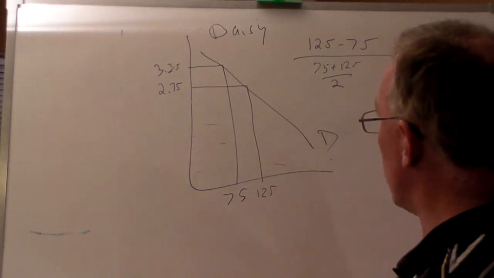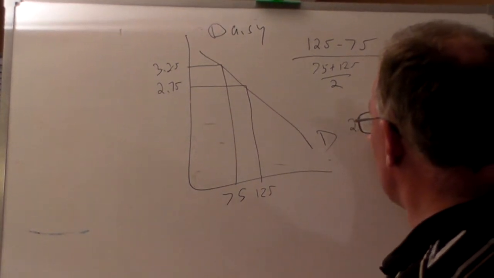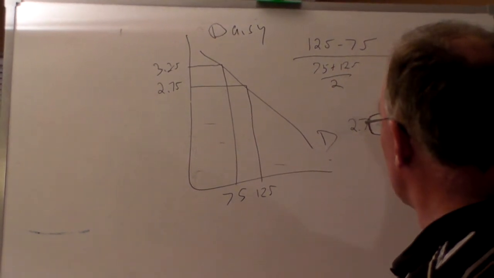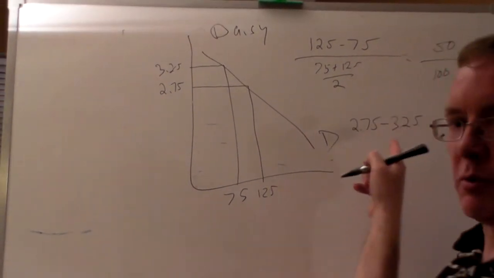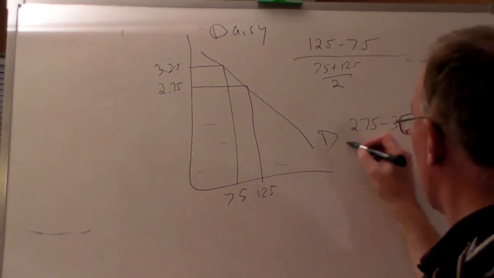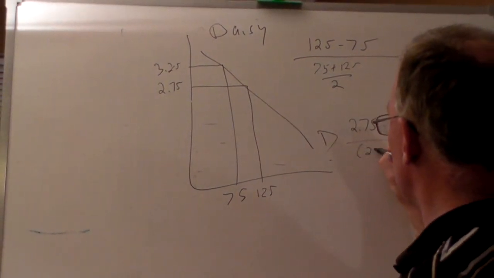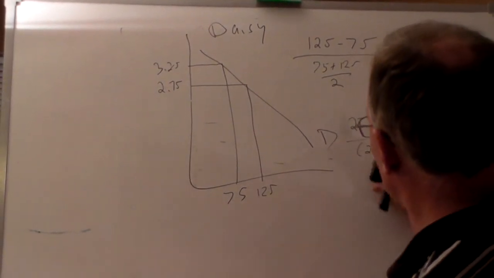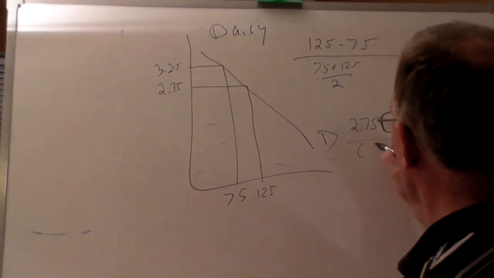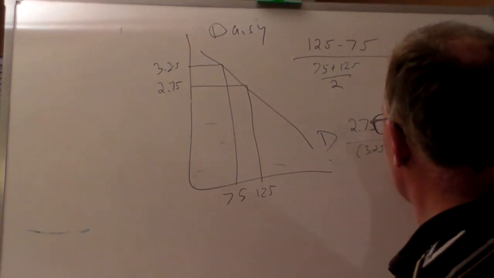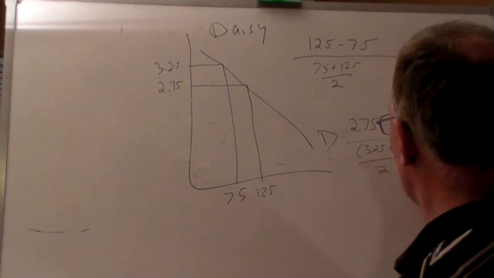And the percent change in price, we went from 3.25 to 2.75. So notice this is the one that would be negative because the price fell, and that'll be over the average of the two prices. We'll do it this way: 3.25 plus 2.75 divided by 2.